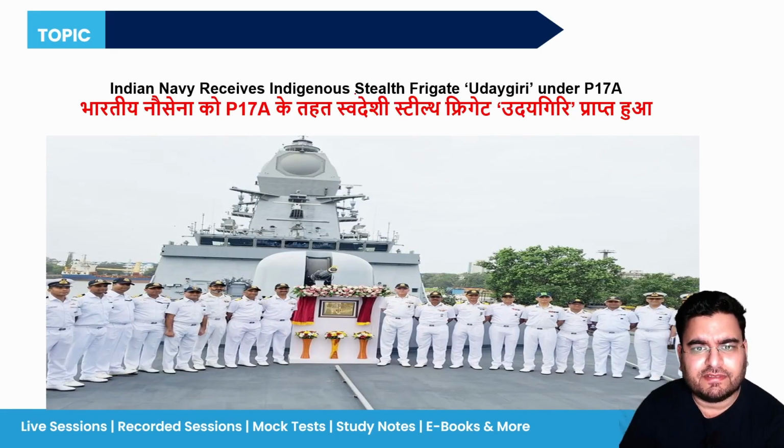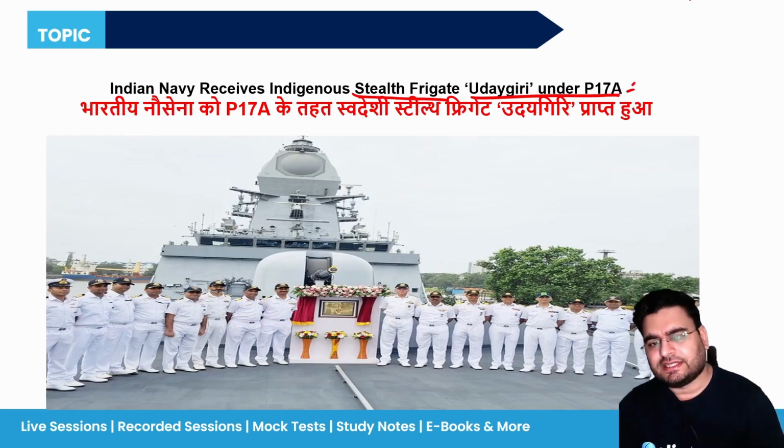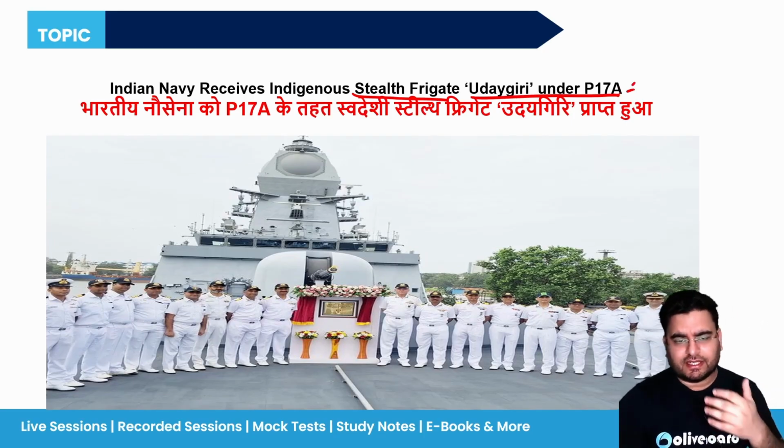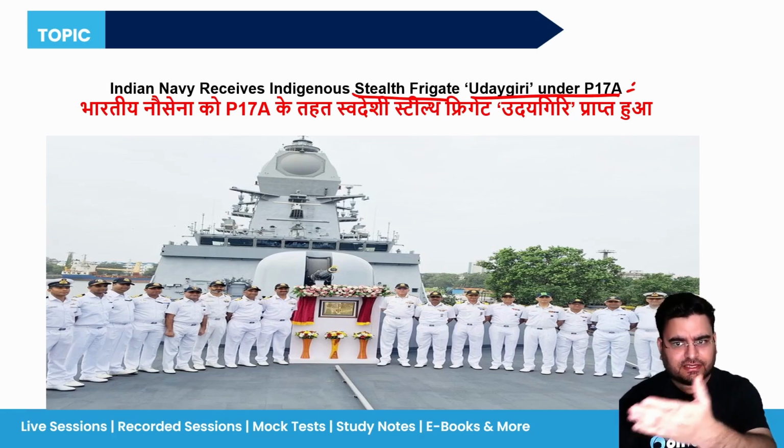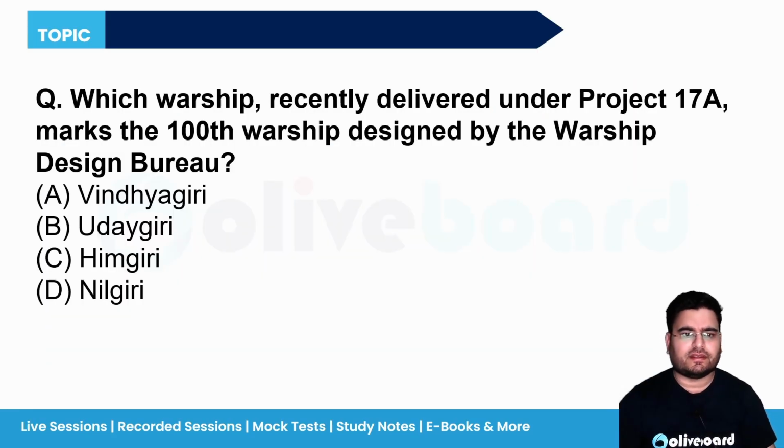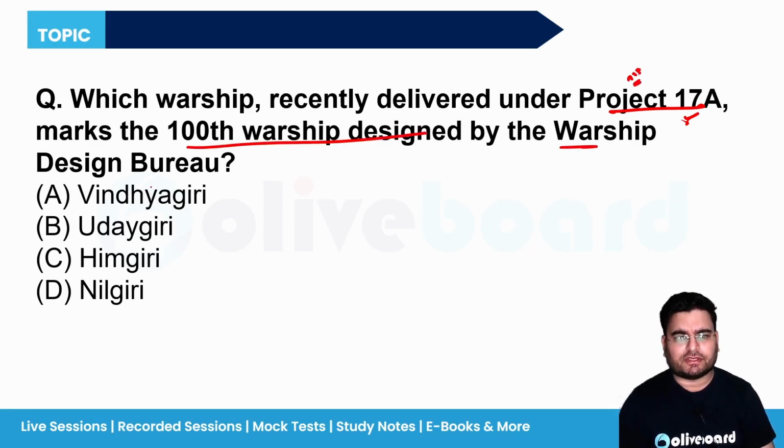Next is Indian Navy received indigenous stealth frigate Udaygiri under P17A. See, there are different projects running. Under the different projects, they create different types of equipment. Sometimes it is an aircraft carrier, sometimes a stealth frigate like this. This is another one, P17A. Which warship was recently delivered under Project 17A? This is one of the most important projects, and it marks the 100th warship designed by the Warship Design Bureau. So the correct answer is Udaygiri.